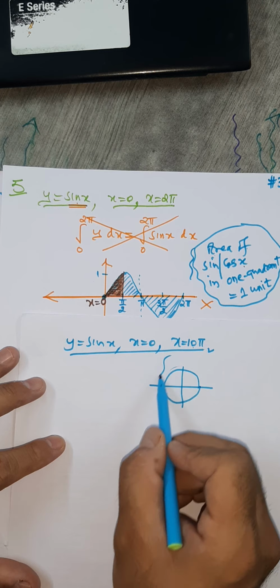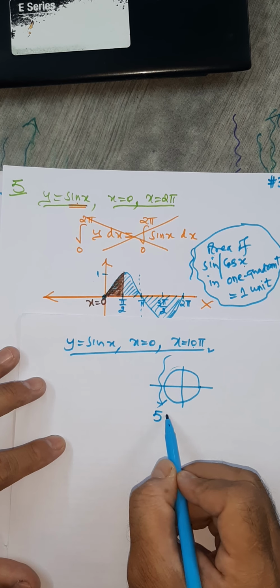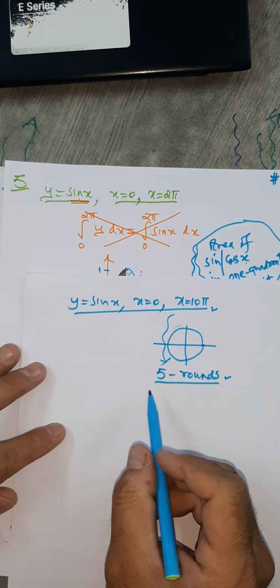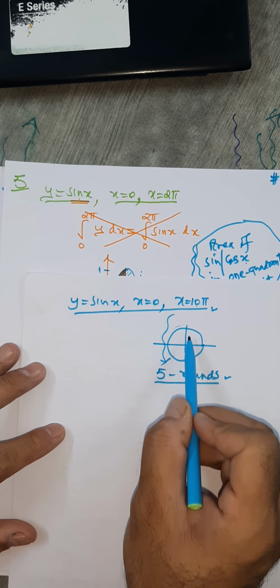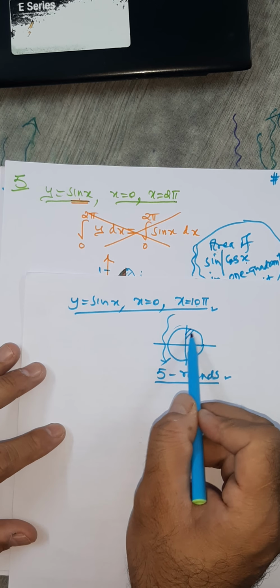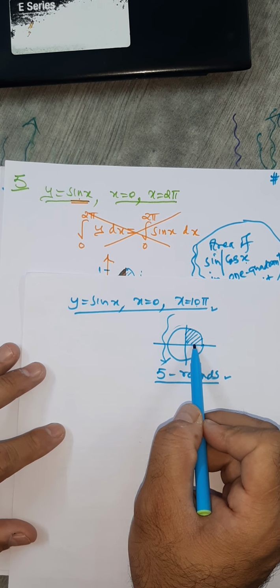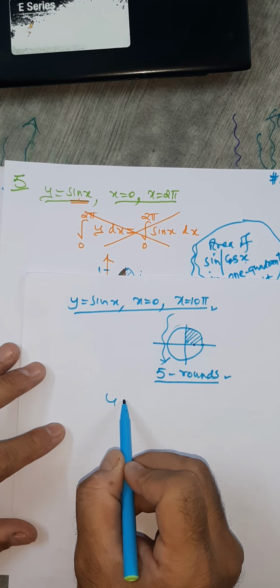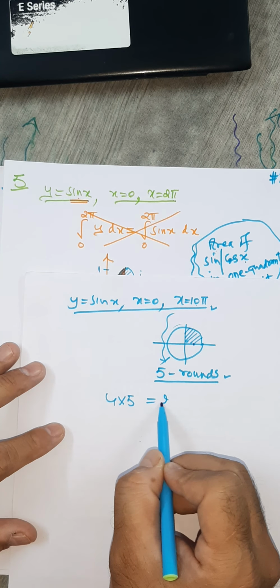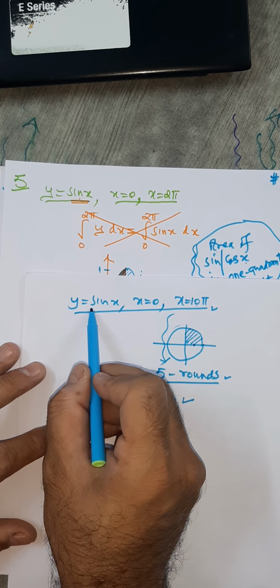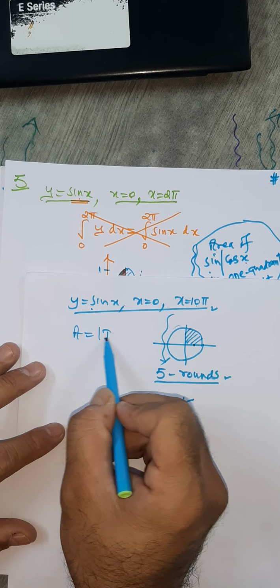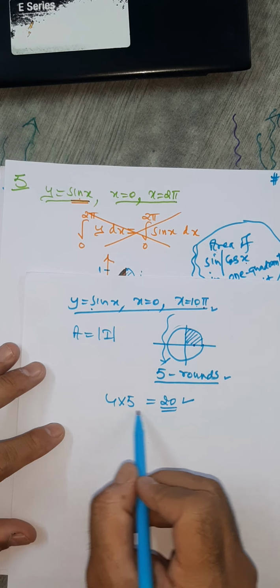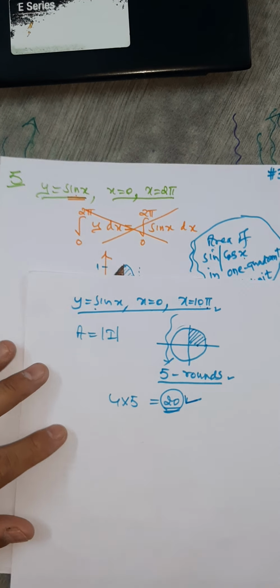So how many rounds? 5 rounds. 5 rounds around the unit circle, right? Now 1 round means 4 quadrants, so 1 quadrant has 1 unit of area of the sine function. So 1 round has 4 units. How many rounds are there here? 5 rounds. So the answer will be 20. So the area of the sine function from 0 to 10 pi is nothing but 20.